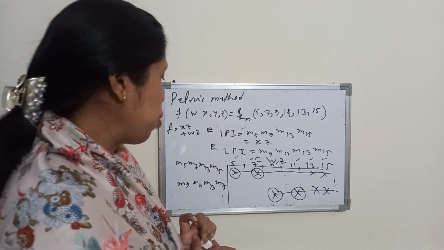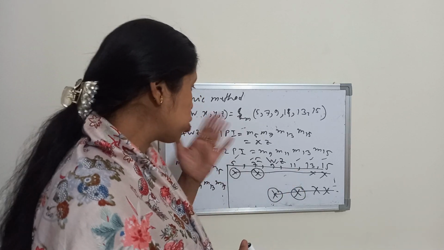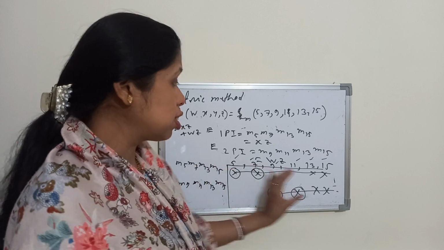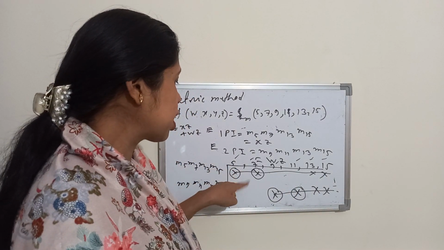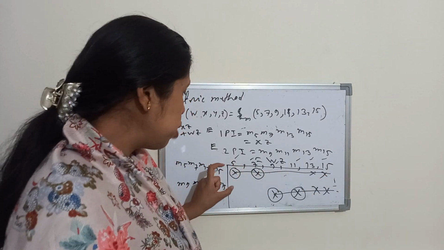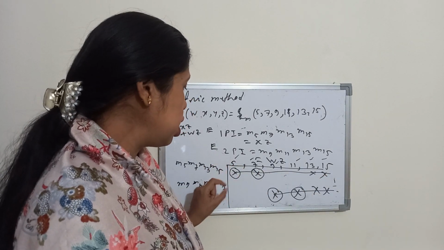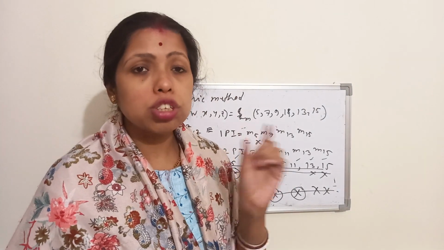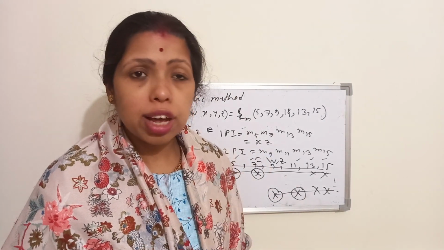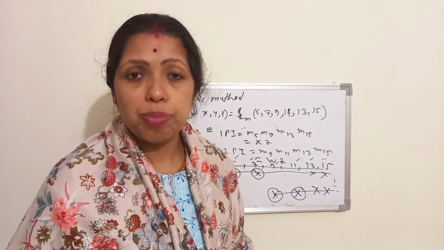But sometimes by observing this chart I cannot calculate the essential prime implicants, I cannot use this process: single cross, then circle, then horizontal line. Why? If in any chart no single cross is there, if you see vertically no single cross is there, then how can you calculate which is my essential prime implicant?